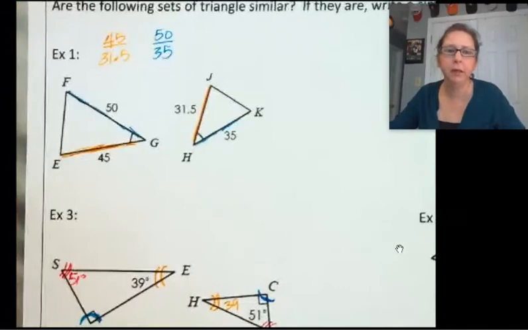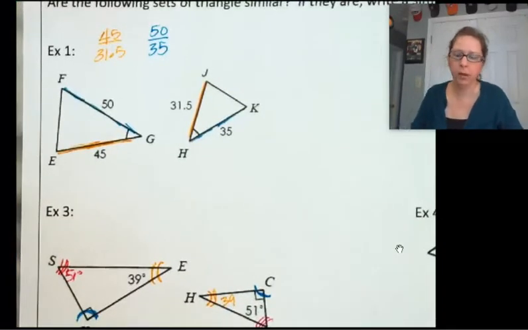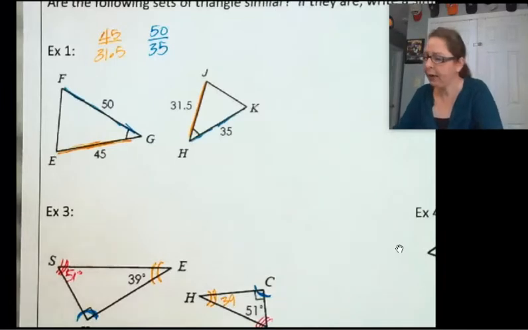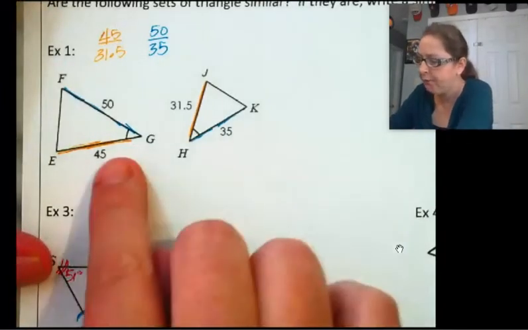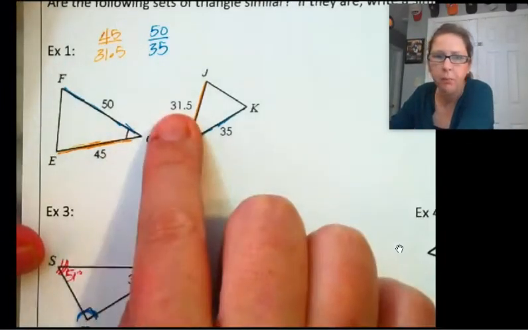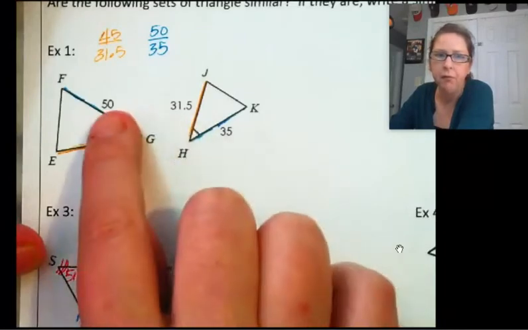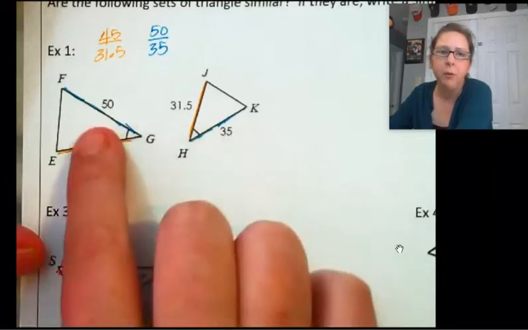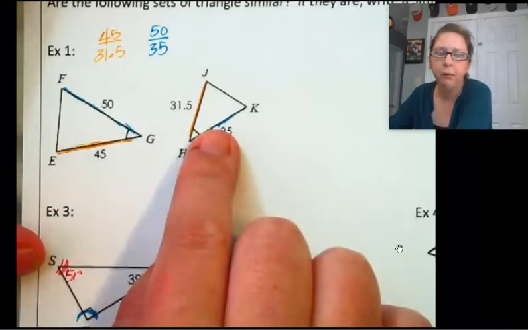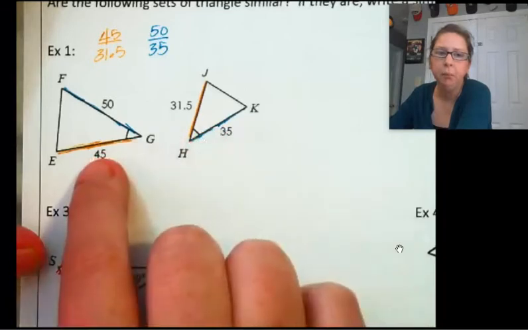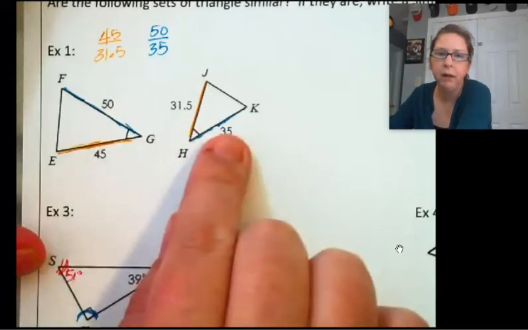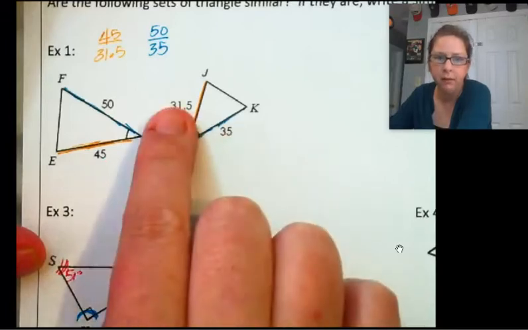All right, guys, so here is my example 1 and my example 3. Now, how did I know to put 45 with 31.5 and 50 with 35? So I do have a big triangle and a little triangle, but in each triangle, there is a bigger side length and a littler side length.